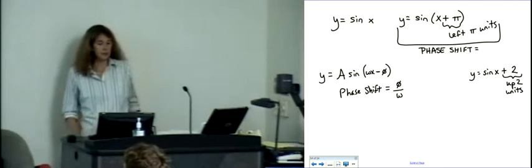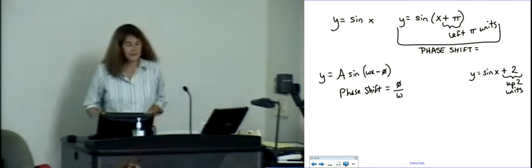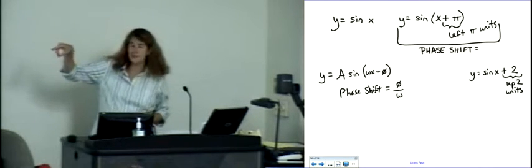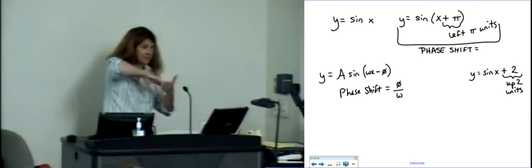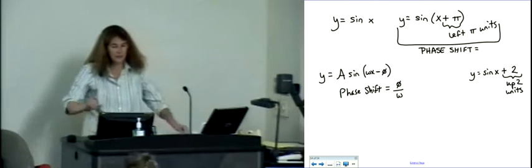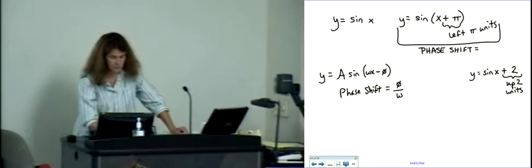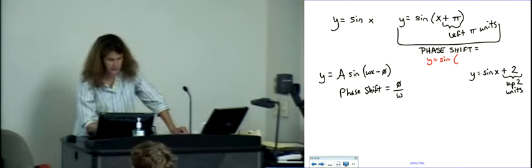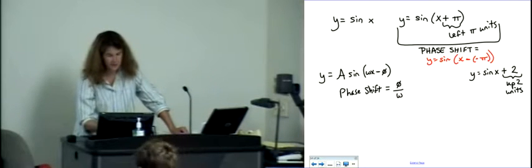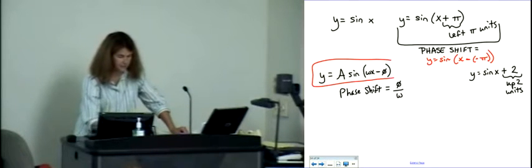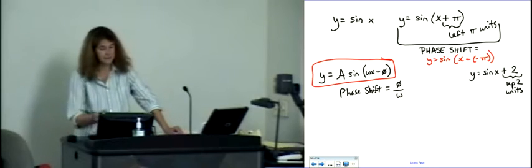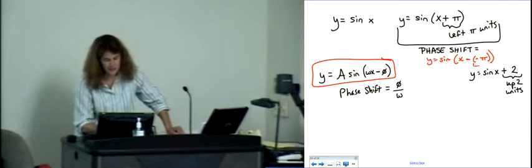This one up here that I'd written, sine of x plus pi, is not really written in that exact form because it doesn't say minus something. Do you see that? So if I think of this one in that form, I have to say y equals sine x minus pi to get it to look like the form with the minus in it, so that phi is just this part here.